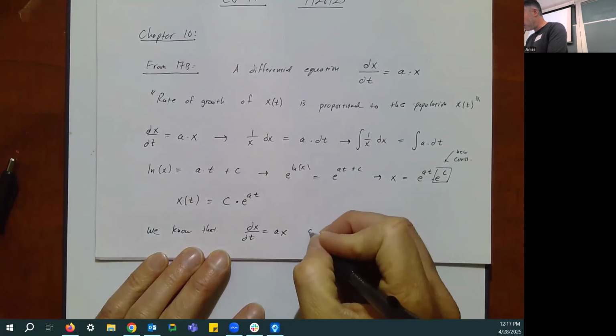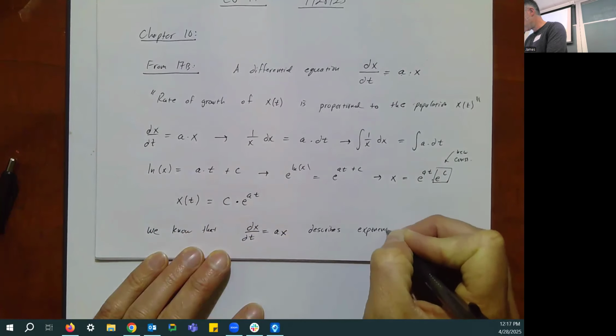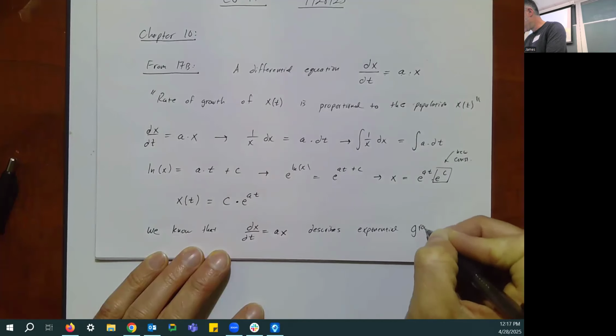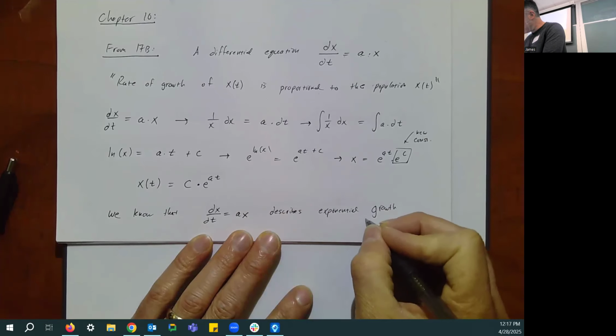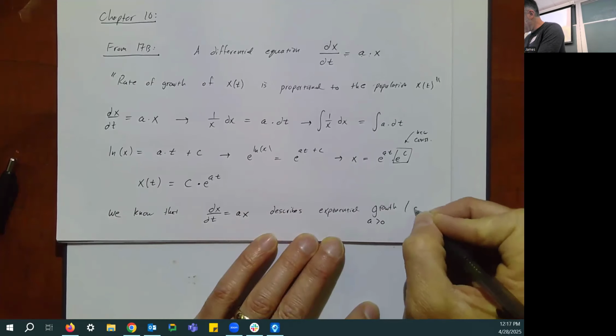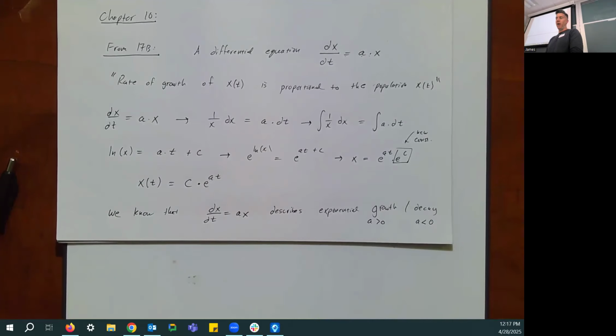So this describes exponential growth specifically if your constant is positive, or decay if your constant is negative. Because if a is negative, your population is changing in a negative way, meaning it's decreasing. So you've got exponential decay and exponential growth. That idea, where the derivative of your thing equals a constant times your thing, is going to come back a little bit later. So hold on to that.